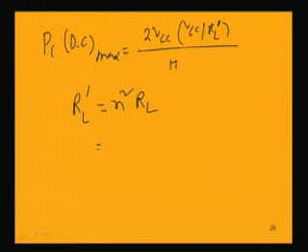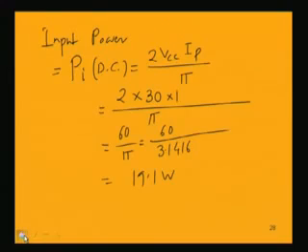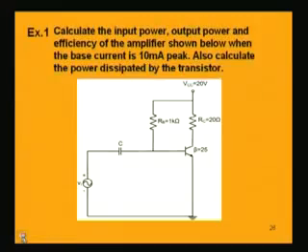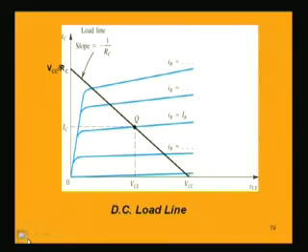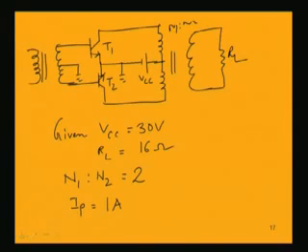Now, here we are given N1 is to N2, the ratio between the total primary winding and secondary winding. We have to see this. N1 is the total primary winding and this is the secondary.